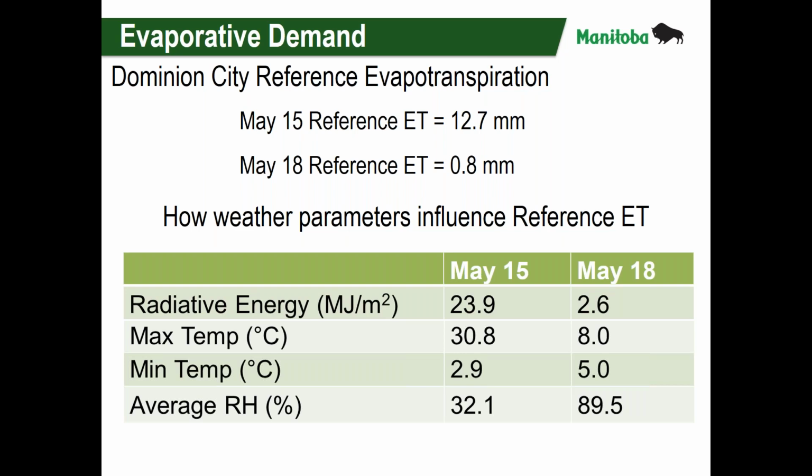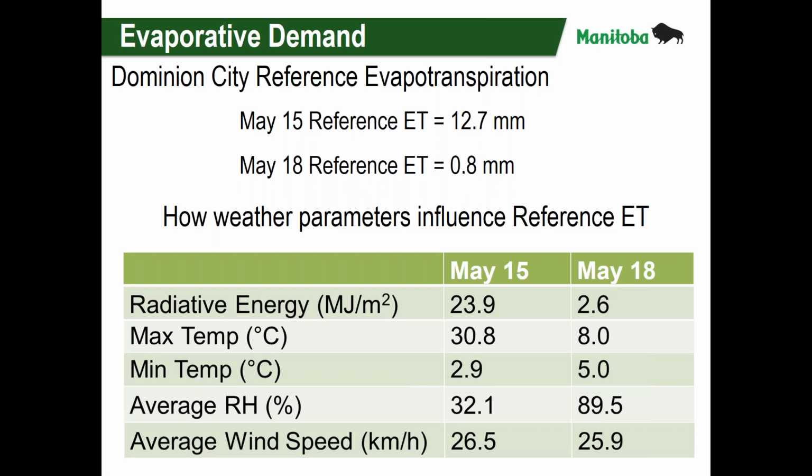Another major impact is the average relative humidity. When the humidity is low, there is more space in the atmosphere for water to evaporate into. Compared to when the humidity is high, the atmosphere is almost saturated, and you don't have a lot of space for new evaporation.